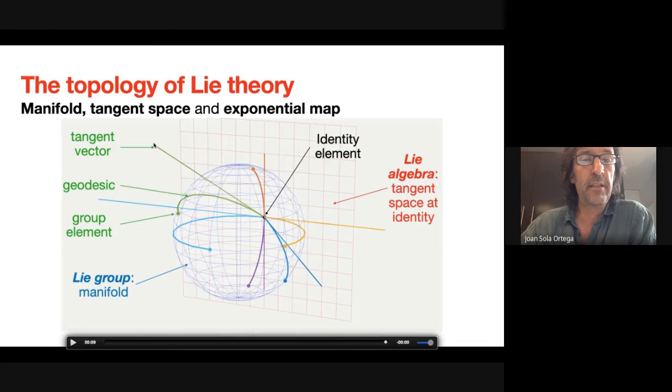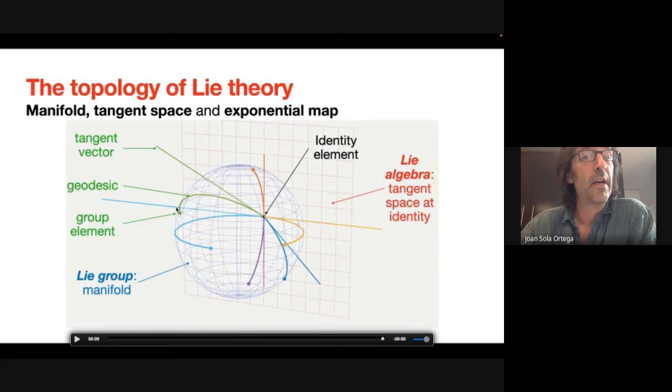Then if you take this vector as, for example, a piece of string, and you roll it over the surface, you end up at this point here, following this curve. It's like you wrap this line on the surface and you end up here. So you can make an equivalence from this point here belonging to the tangent space to this point here belonging to the group.